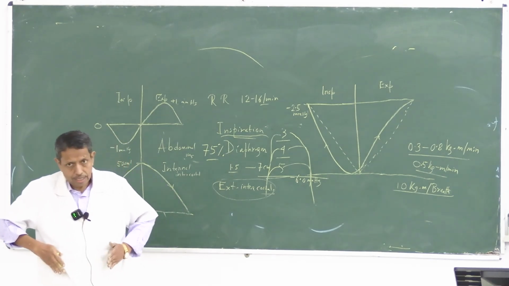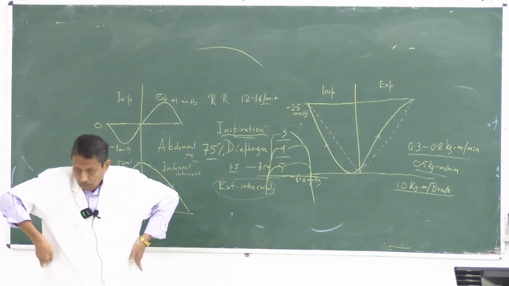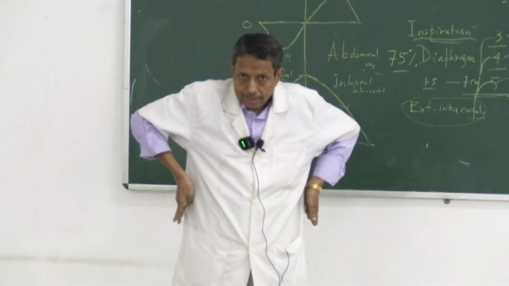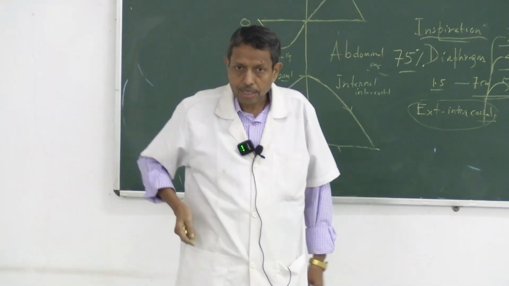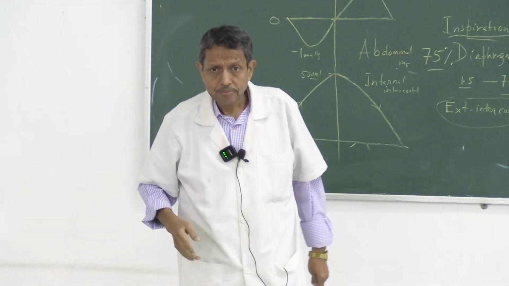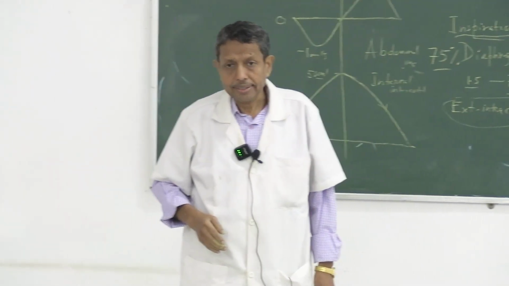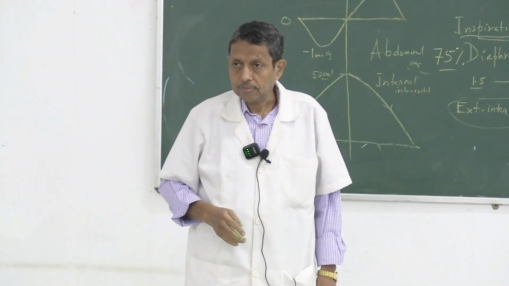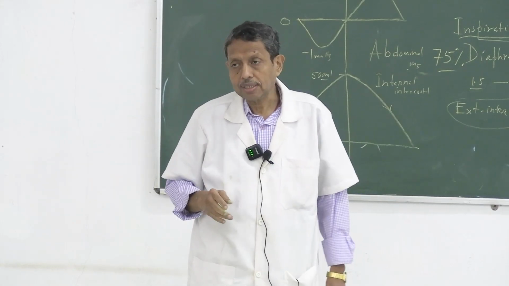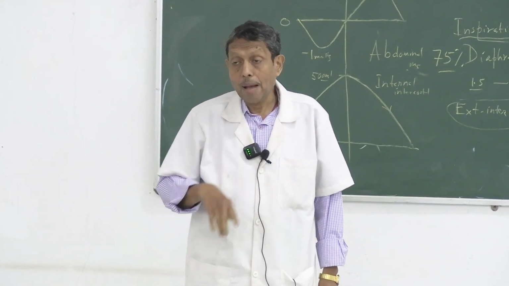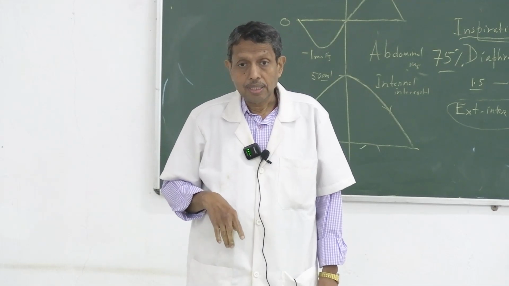Down and front is the external intercostal, and in the opposite way, down and posteriorly, there is the internal intercostal. When they contract, they bring down the thoracic cage, and the space within the thorax is limited.